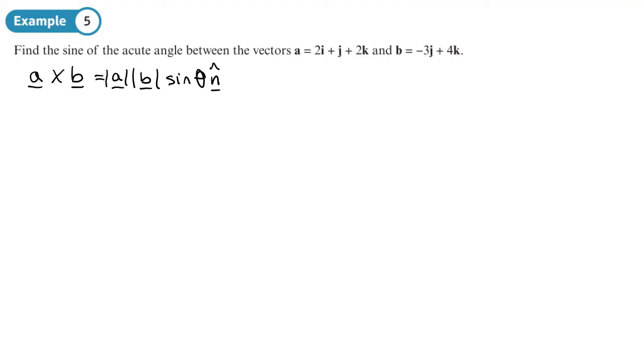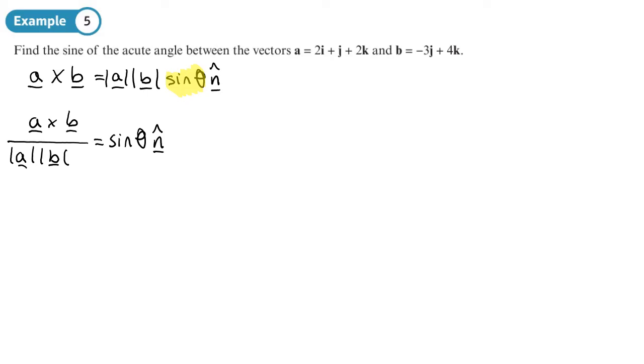Since we want to find the sine of the angle between them, it's this we want to make the subject. So the first thing that we'll do is divide both sides by the length of A and the length of B. So that gives us sine theta times this normal vector.